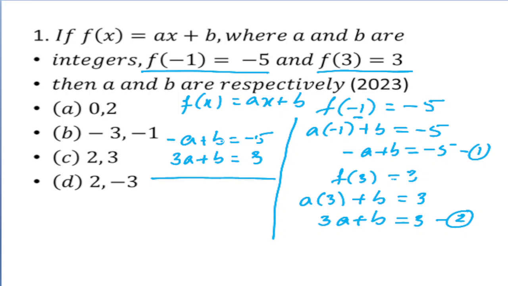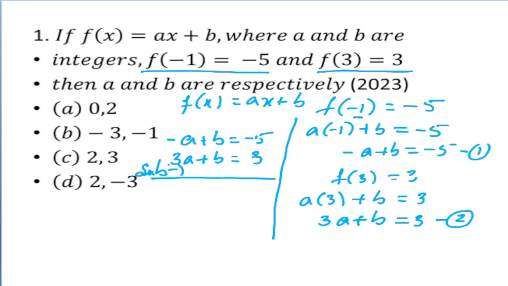Here for b in both the equations, the coefficient is 1, so it is easy to eliminate b. See the sign b has in both the equations, it is plus, so both are having positive sign, so we need to subtract the equations. If one is having positive and one more is having negative, we have to add.